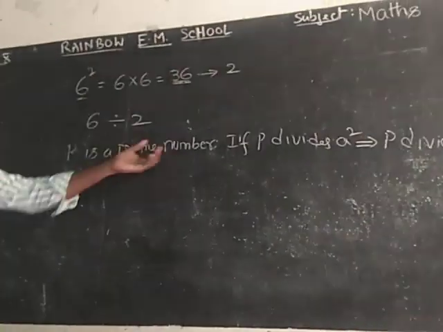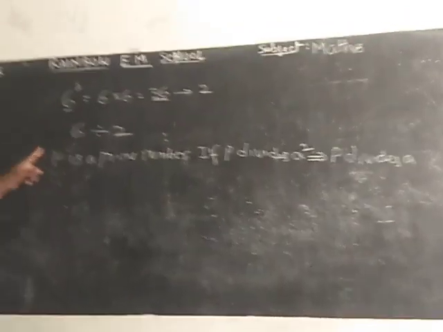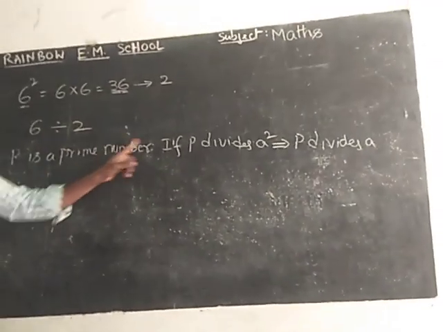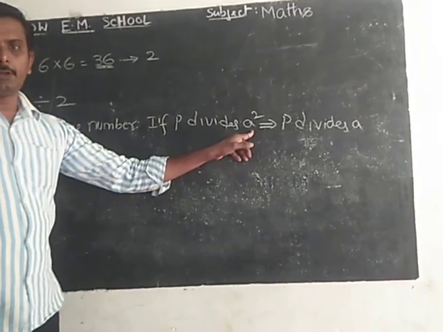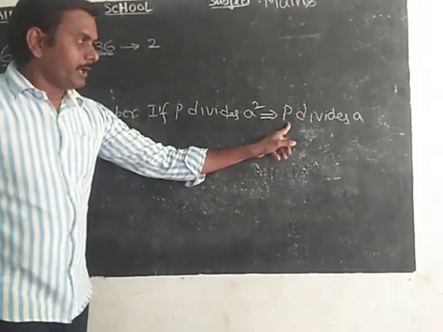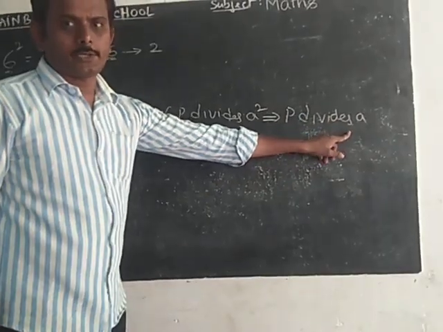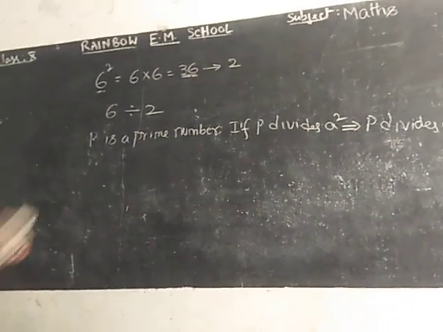This condition we have to remember. While doing the proof, we will use this condition. Here a means any integer you can take. Now we will go for the proof.